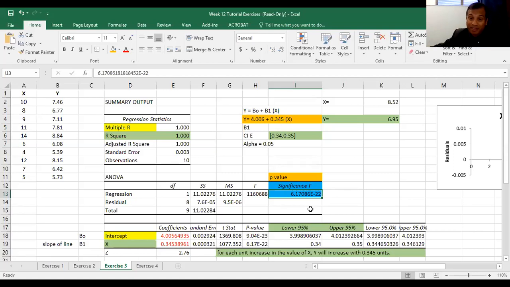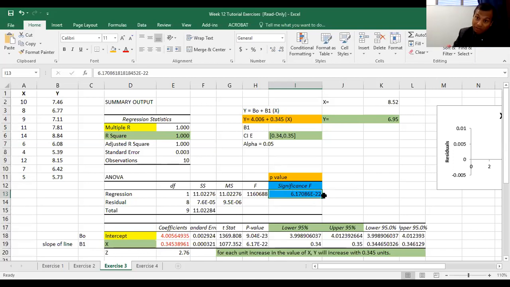So always remember, it looks like a significance value, but look carefully when you are using the Excel sheet. You need to carefully read these lines. It's exponential E minus 22.